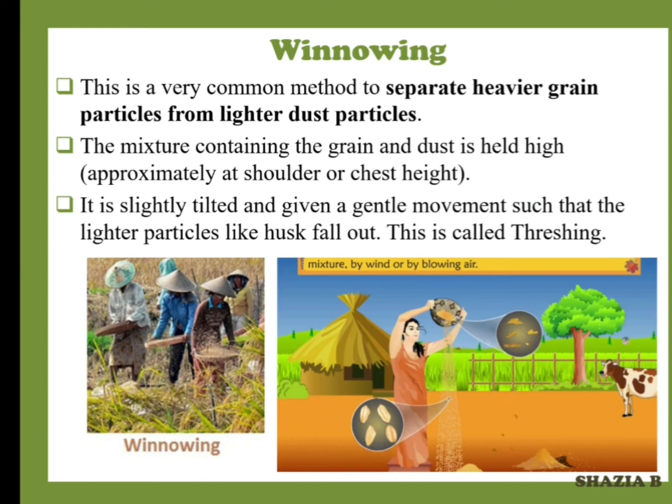So winnowing is the separation of grains from chaff or husk by blowing wind or air through it. It is a very common method used to separate heavier grain, which remains, from lighter dust particles, which are usually blown away by the wind.